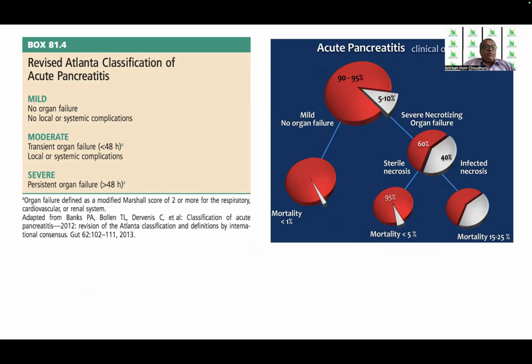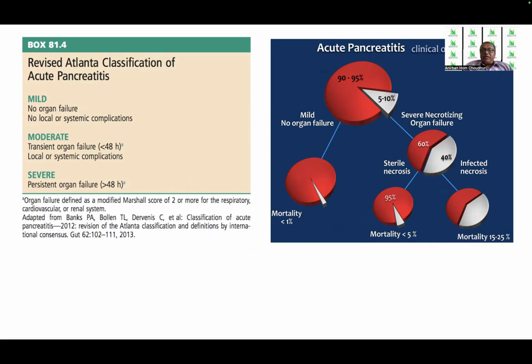Without organ failure and without local or systemic complications, the diagnosis is usually mild. This is important because with organ failure, the mortality jumps up. With pancreatitis which is mild with no organ failure, the mortality can be less than 1%.